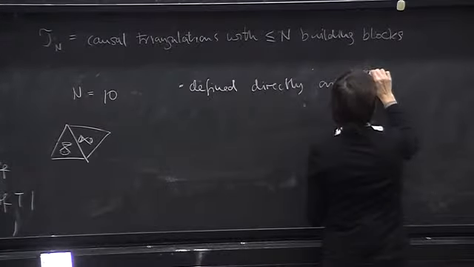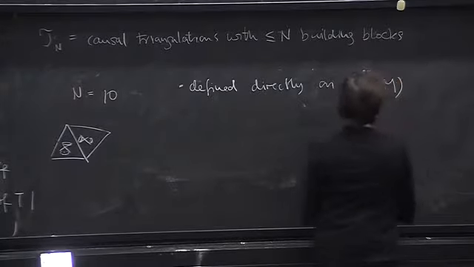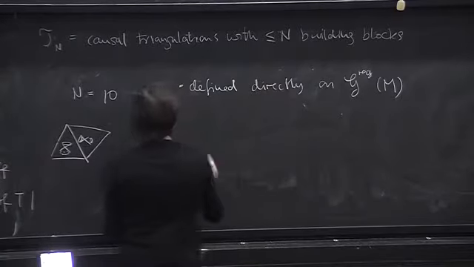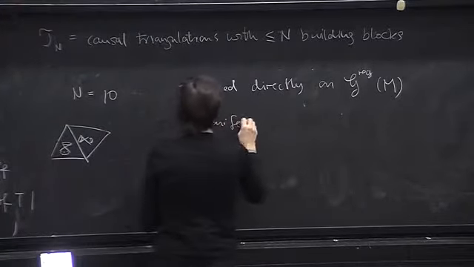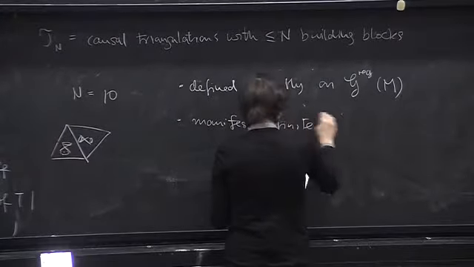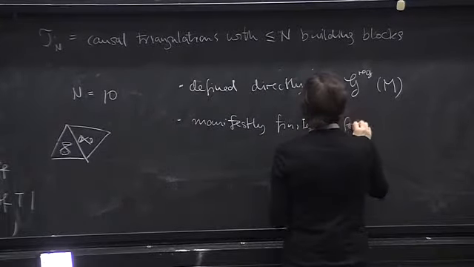So let me call them G Regge, of some given topological manifold M. This sum is manifestly finite for finite n.